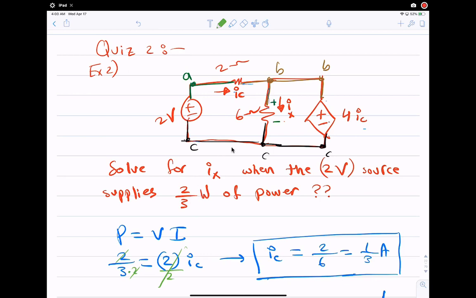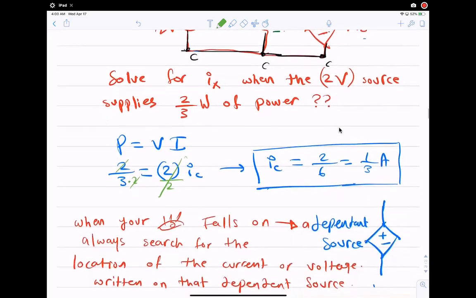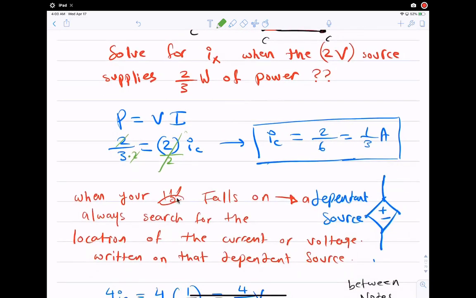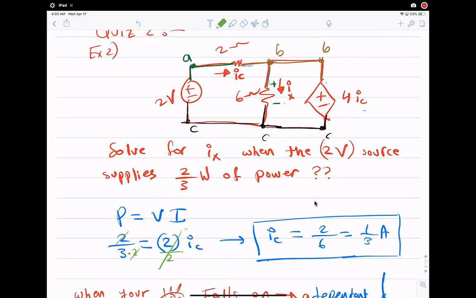But if you don't know from where to start and you find a dependent source in the circuit, always when your eye falls on a dependent source, search for the location of the current or voltage written on that dependent source. In this case, the IC. So I located the IC, and then I found the IC, which is 1 over 3 ampere.